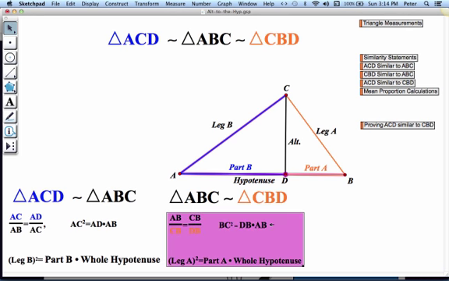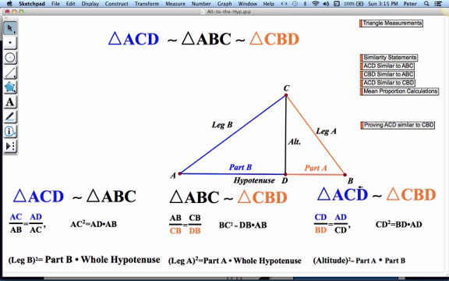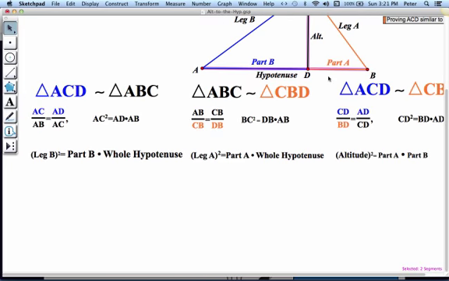Alright, let's take a look at what's left then with the final similarity, where the blue triangle is similar to the orange triangle. Setting up the proportion, I can see that CD squared, which is the altitude, is equal to part A times part B. So those become the real important part of this section.